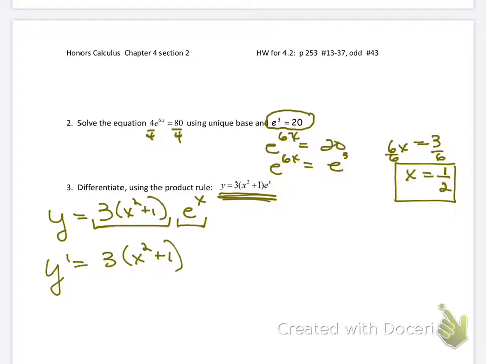Well, that's going to be e to the x times the derivative of x, which is just 1, so I can write e to the x, plus, so I did left times derivative of right, plus right times derivative of left. Look at the left carefully. Do you see that you really just have 3x squared plus 3 when you distribute, and that derivative is going to be 6x.